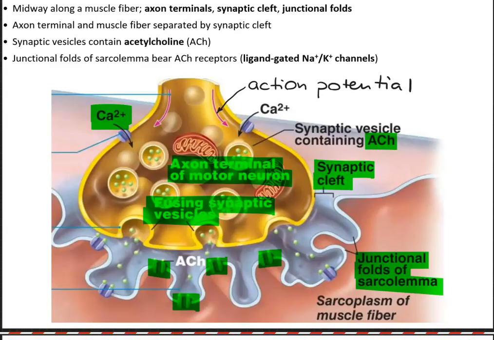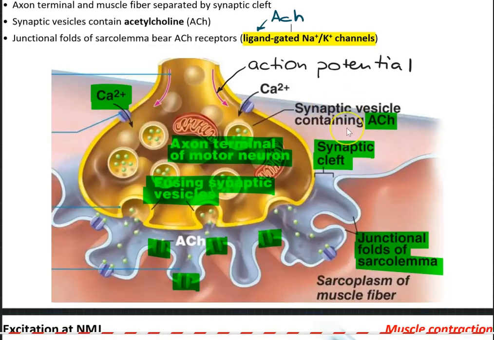These receptors are basically ligand-gated sodium-potassium channels, and acetylcholine serves as a ligand.